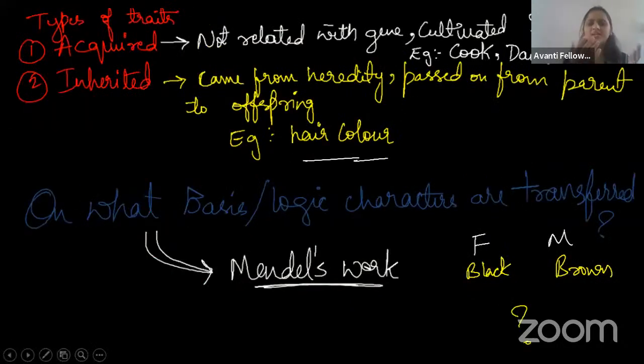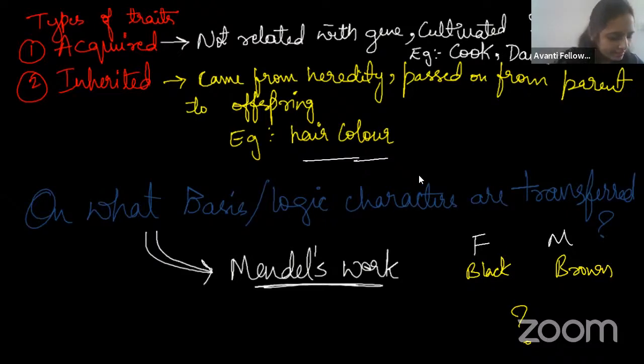Some terms are there. I think you are familiar with these terms, right? Inheritance may be either acquired or inherited. Now you tell me, diabetes: is it acquired or inherited? Can you tell me in the chat box, guys? I'm getting an answer only from Nandish.